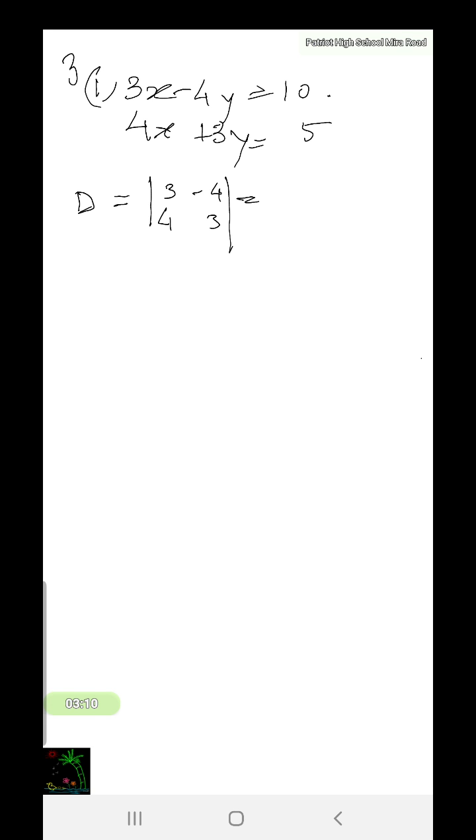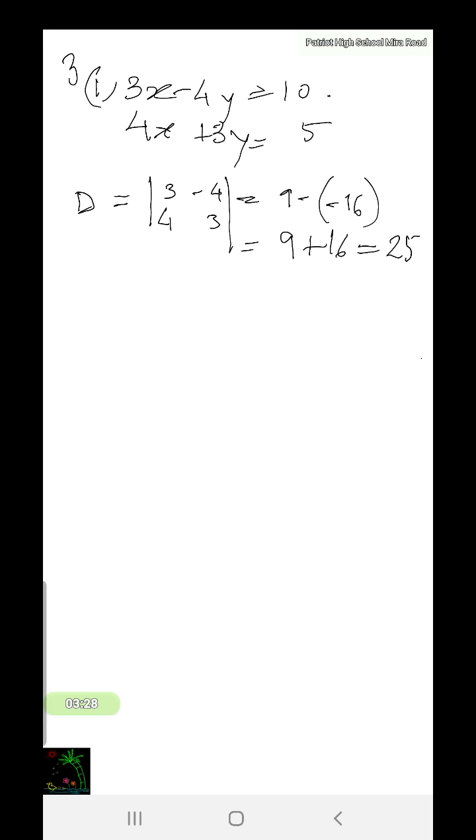Cross multiplying, we have 3 3s are 9. Minus of minus 4 into 4 is minus 16. So it will be 9 plus 16, which is equal to 25.